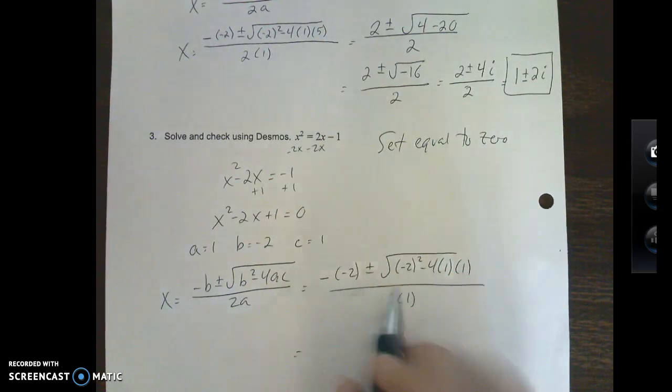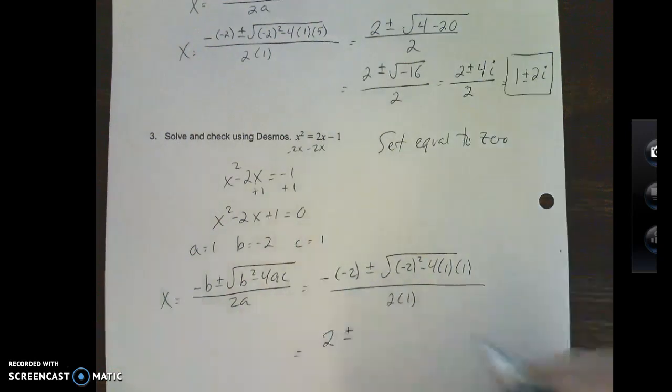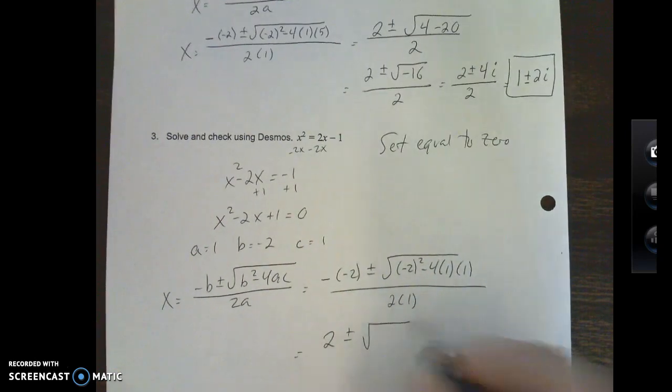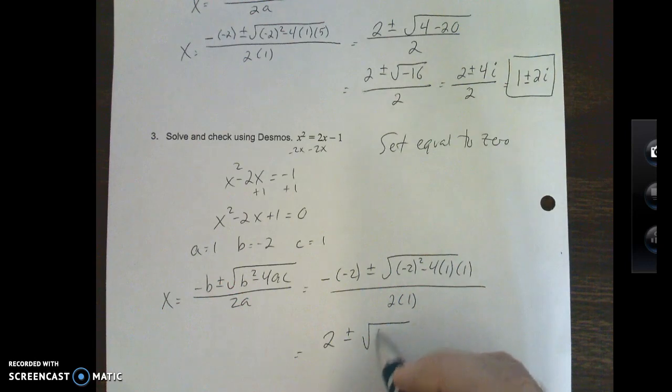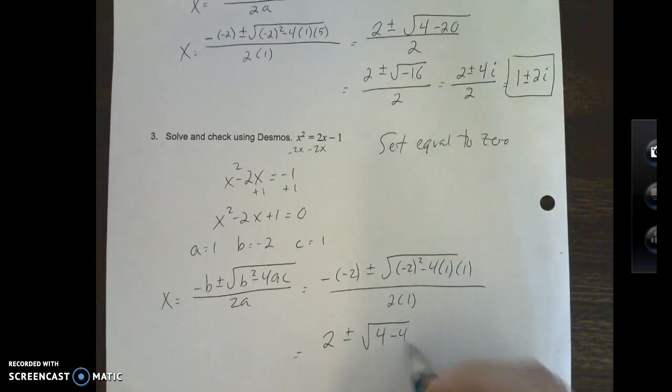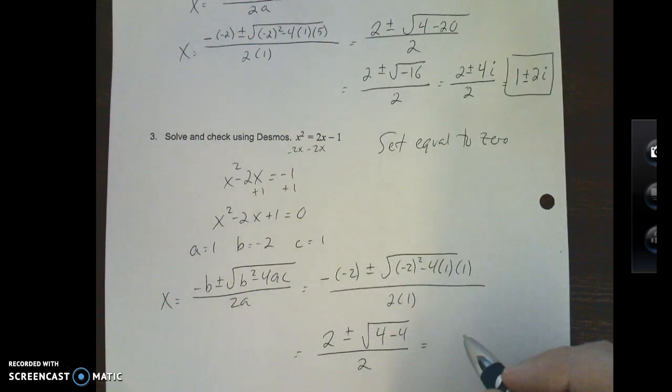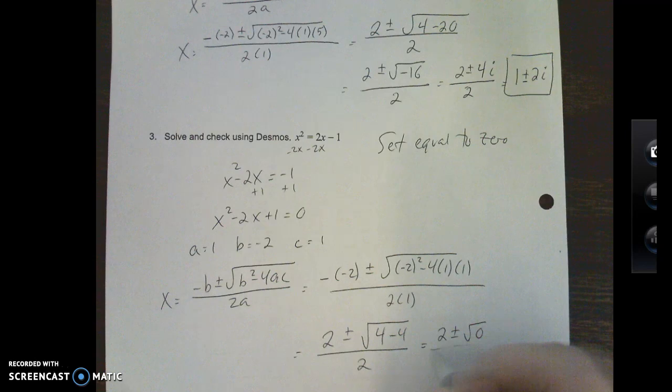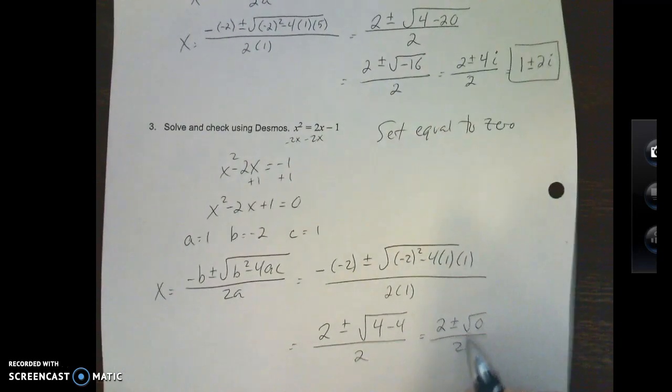So negative of negative 2 becomes positive 2, plus or minus the square root of negative 2 squared is 4, minus 4 times 1 is just minus 4. Okay. And then I've got 2 plus or minus the square root of, well, what's 4 minus 4? It's the square root of 0. Well, that's nice because that goes away.